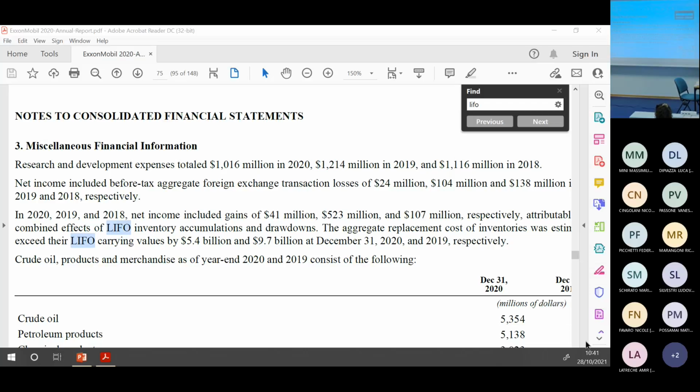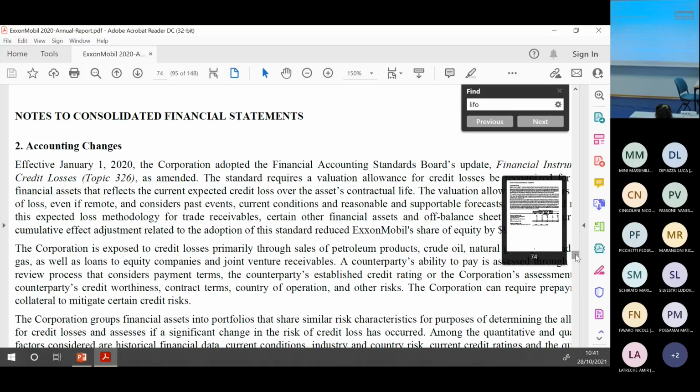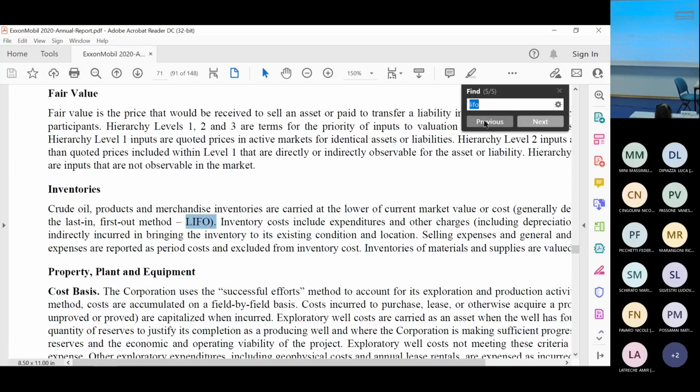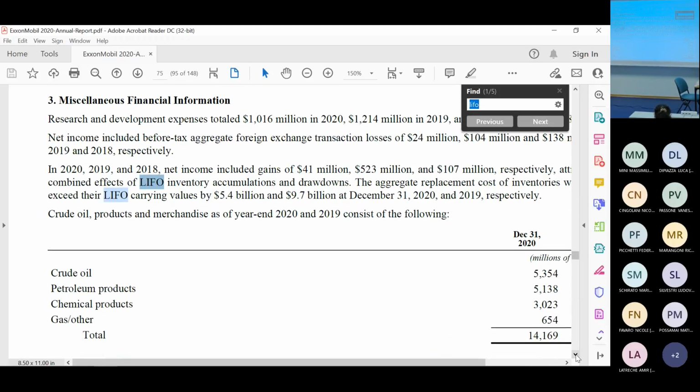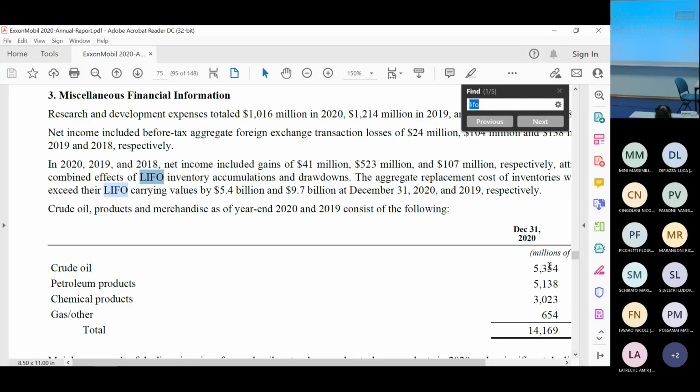What is the value of the inventory for this company? Just a second because I lost this page. Well, for instance, the oil is 5.3. Well, it's a lot.